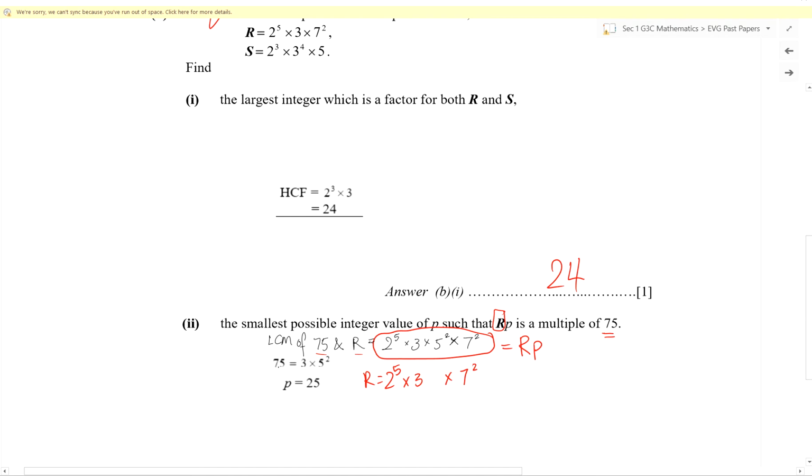Now if what I have just circled is R times P, and R is given to be 2 power 5 times 3 times 7 power 2, then we only have a missing 5 squared. This is going to be our value for P. We're doing a comparison. So this is one way to do it, by comparing the LCM.